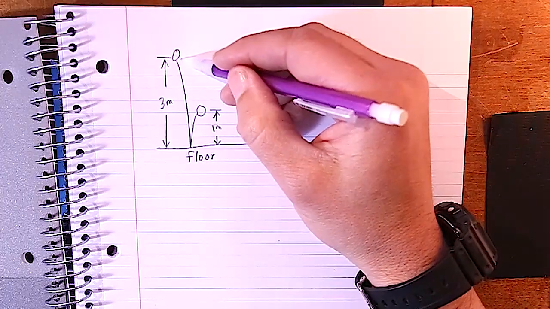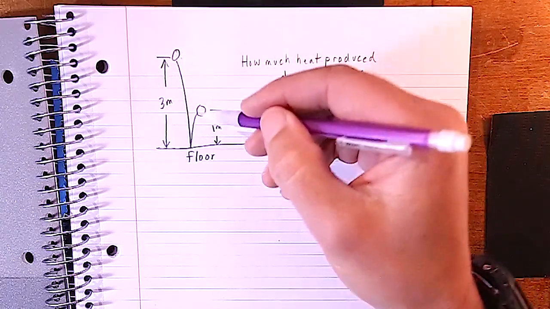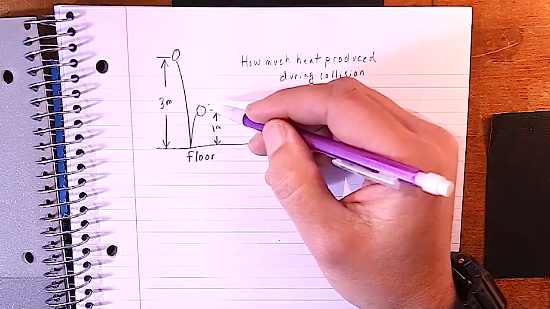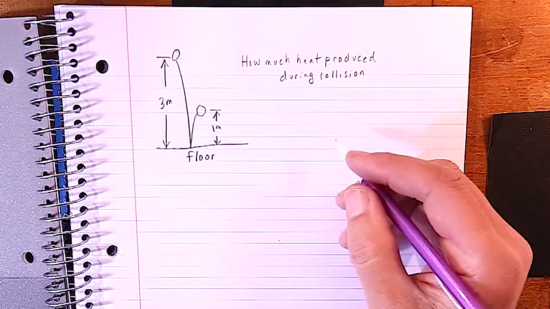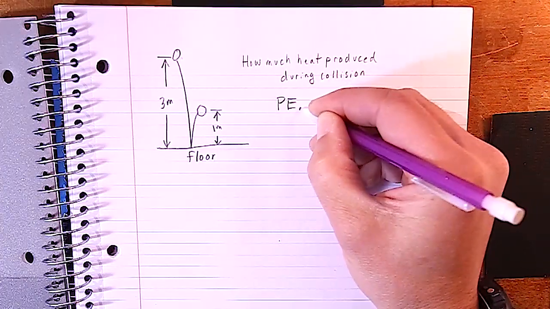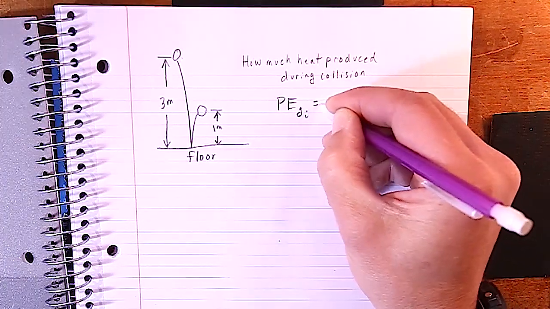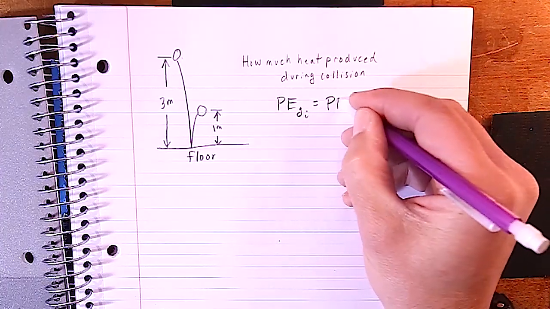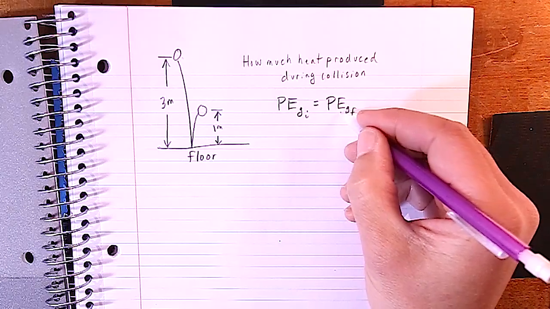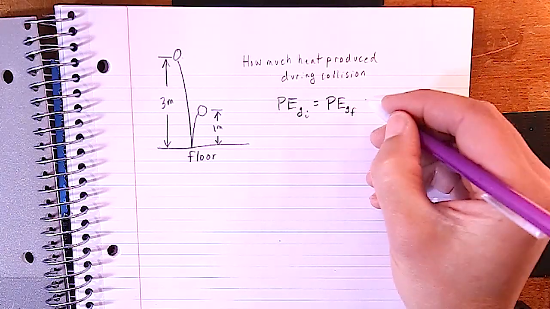Well, it starts out here with PEG and it ends here with less PEG. The amount that it lost, that's our heat. So we can start out by saying we start with PEG initial, then we end with PEG final. We know this is going to be less, so what's the amount that we're missing?